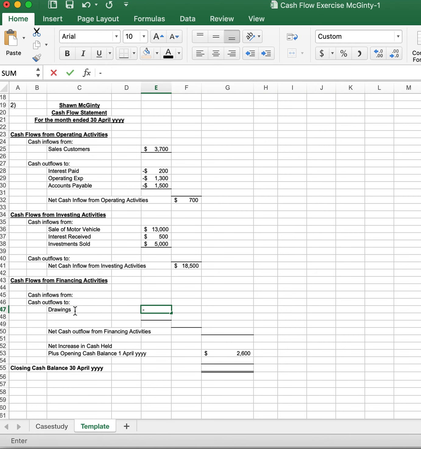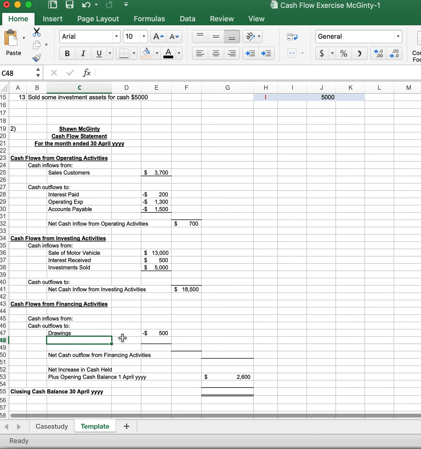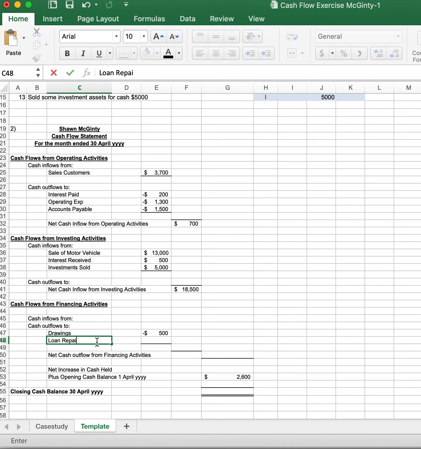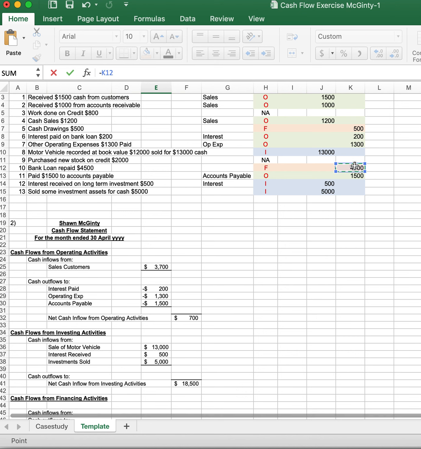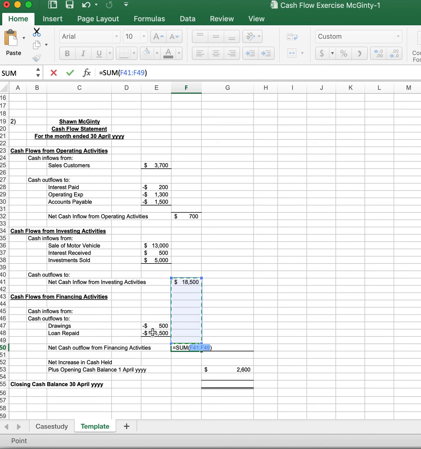Drawings is minus whatever we took out, minus 500. Then there was loan paid, money going out, minus 4,500. So the total amount of money going in and out is just negative.